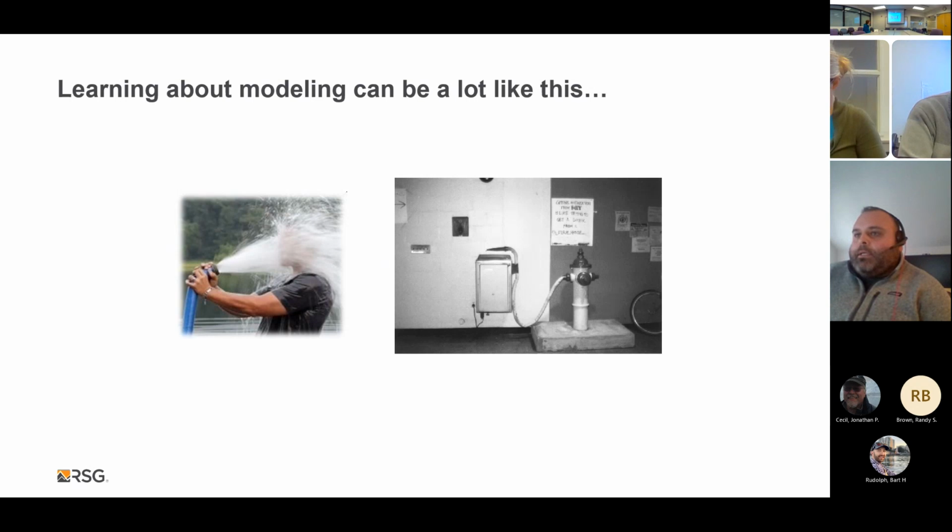Learning about modeling can feel a lot like drinking out of a fire hose. They're complicated. There's complex math involved in them. There's complex data requirements in them. And so it can get overwhelming really, really quick. So as we're working through this training, if you're starting to feel that way, note that I think it's normal. I think when I first started learning about travel demand models, I felt this way.